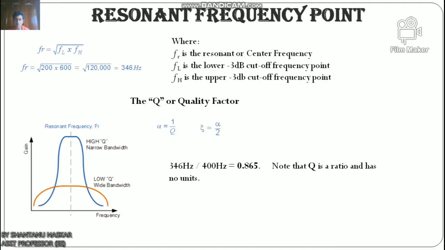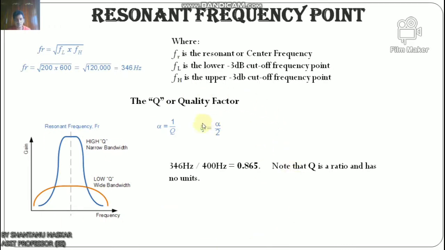This Q factor is a measure of how selective or unselective the bandpass filter is towards a given spread of frequency. So the lower the value of the Q factor, the wider the bandwidth of the filter, and consequently the higher the Q factor, the narrower and more selective the filter is. The quality factor Q of the filter is sometimes given by the Greek symbol alpha.